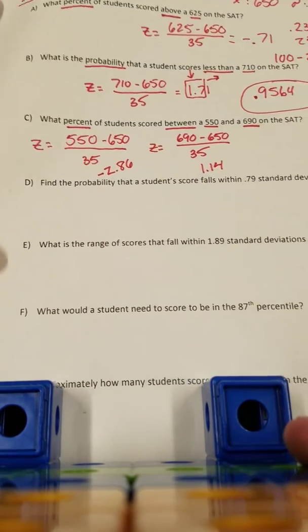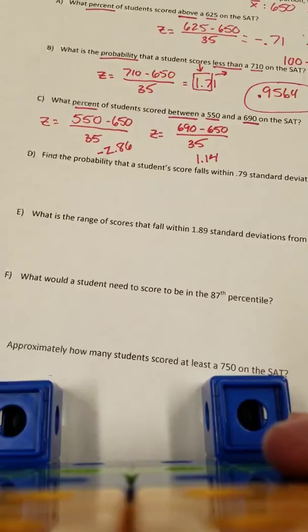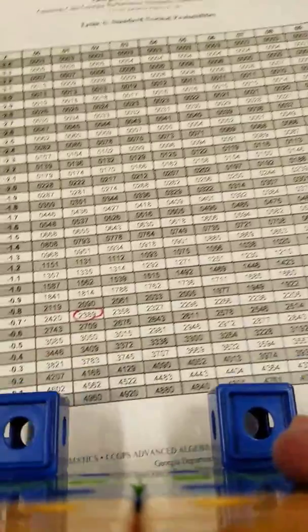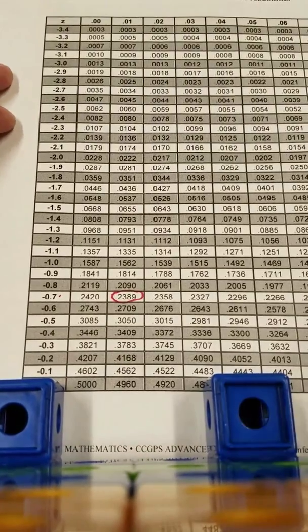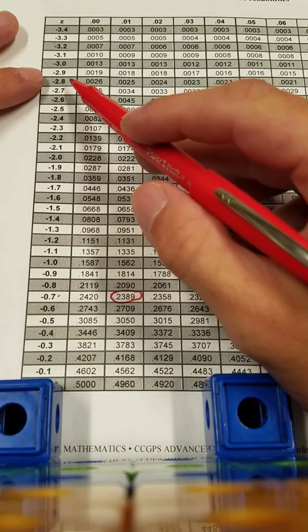Now, here's what I need you to do. Go into the table. Hit the pause button on this video. Go into the table. Find the 2 z-scores associated with those numbers. So, negative 2.86. Go to the negative side. Remember, the first 2 things are what we go down. Negative 2.8 is there. And then I need 6.